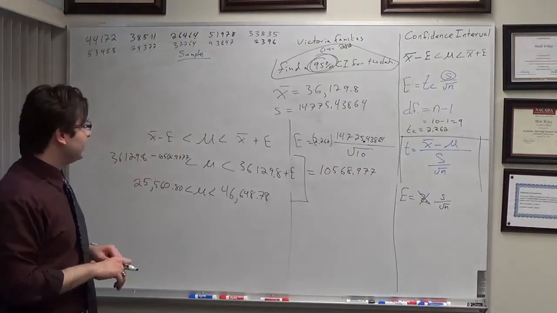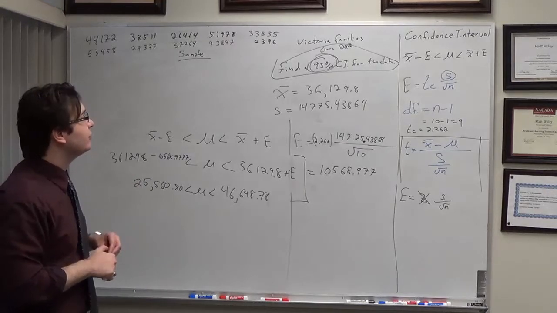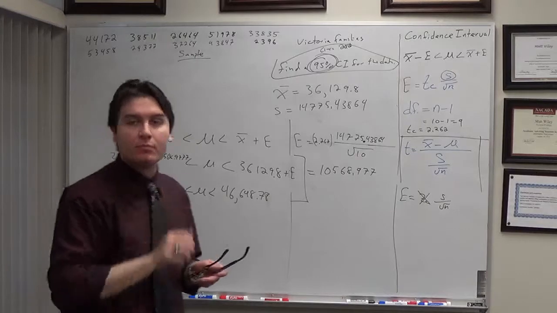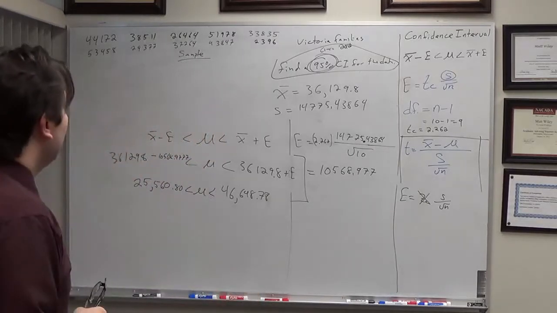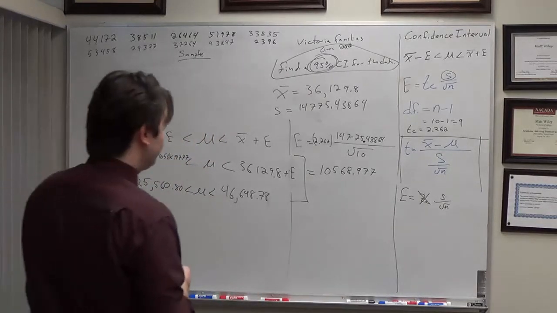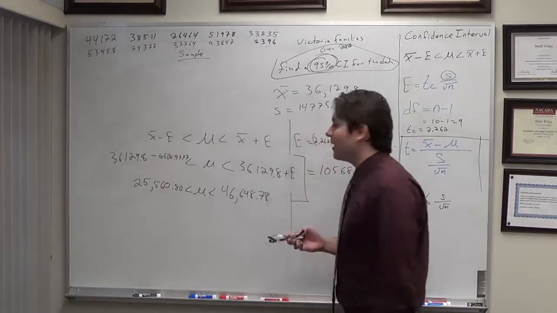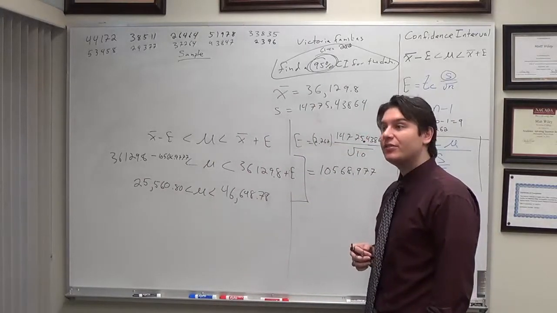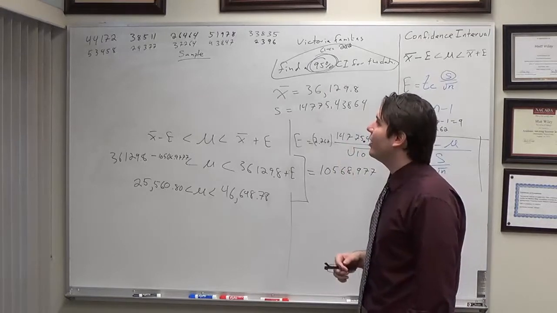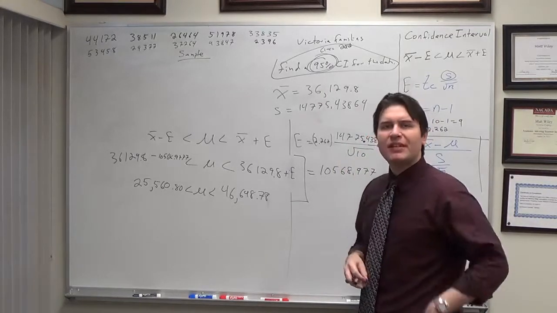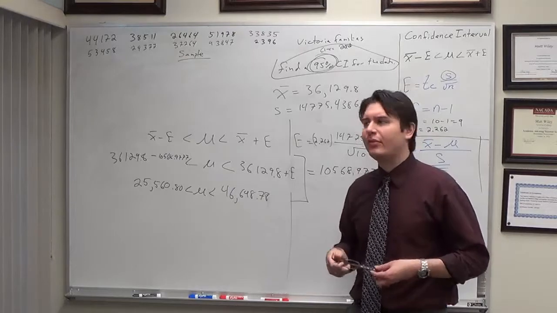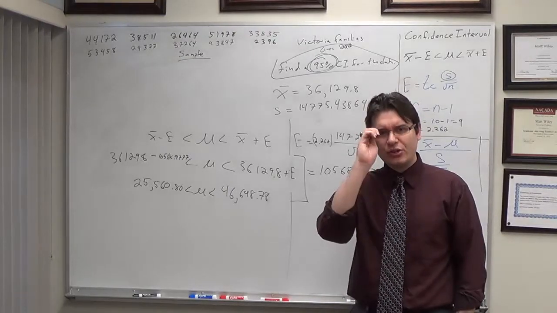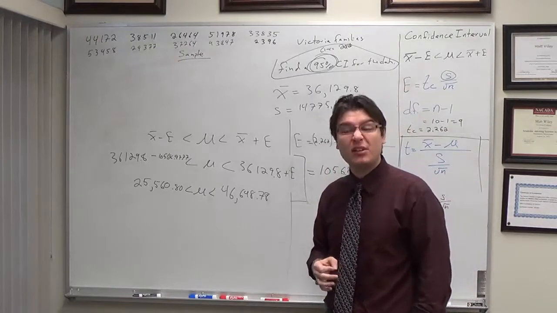We've calculated a T-score. Some things to notice about a T-score. A T-score tends to be a little bit less accurate than a Z-score, because we don't have information about the population deviation.